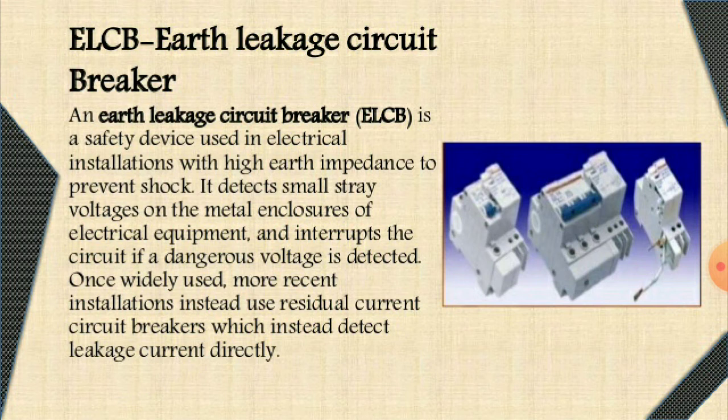ELCB is an electrical device which is used to trip the circuit whenever a small leakage is there to the earth from the body or from the metal enclosures of the electrical equipment. So ELCB is the device which trips the electrical circuit under earth fault cases or earth leakage cases.